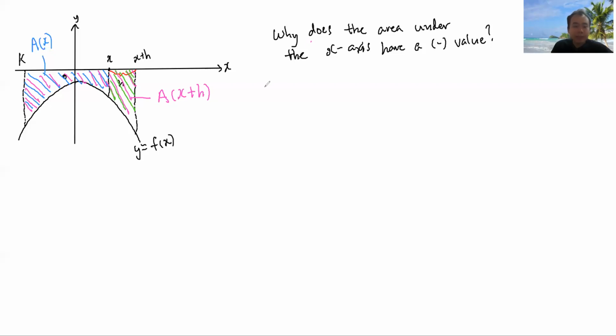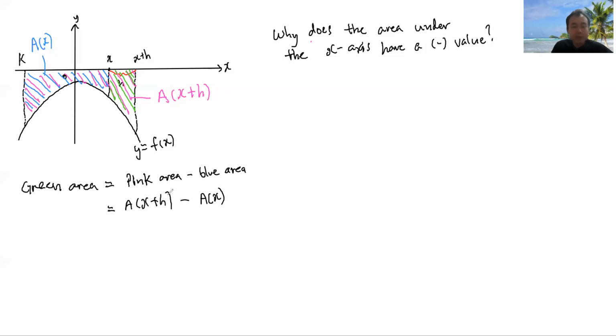To get the green area, I have to take the pink area minus the blue area. The pink area is given by A(x plus h), and the blue area is given by A(x). We're going to keep that in mind first.